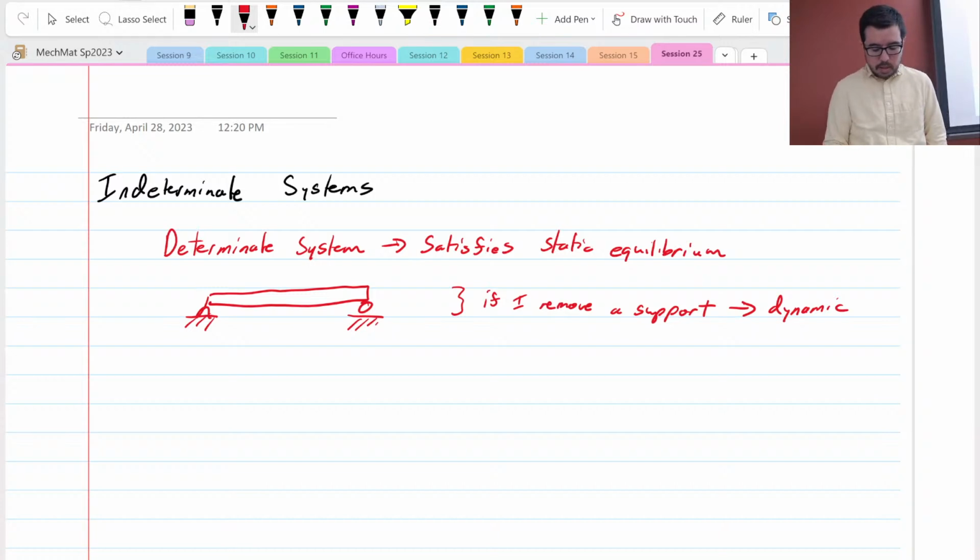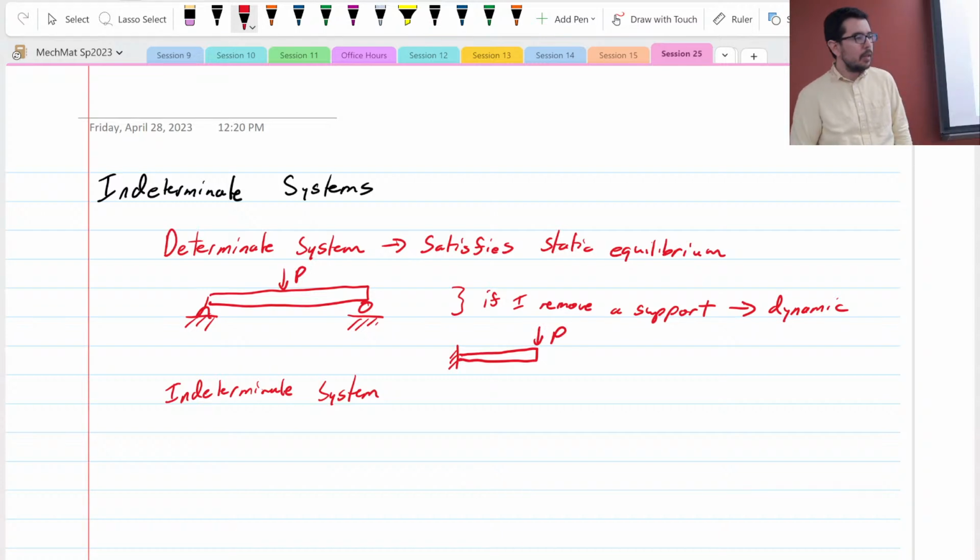So an indeterminate system can be thought of... and then maybe here's another example: the classic cantilever. I guess I have to put a load on it, because if it were in microgravity, it still might not move much. But cantilever system, another one. It has two constraints here at the wall, the moment and the force, so it's statically determinate.